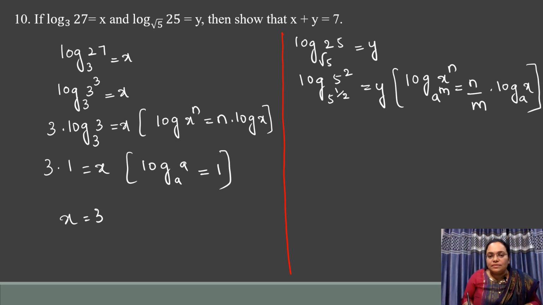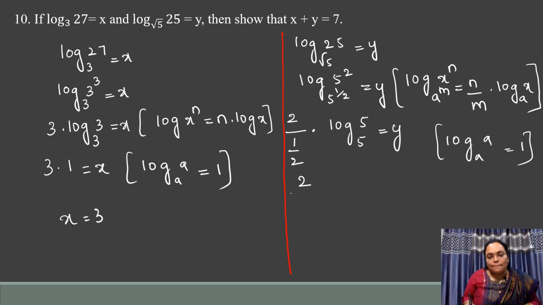So this becomes 2 divided by 1 by 2 into log 5 to the base 5 is equal to y. Again, what is log 5 to the base 5? It is 1 from this formula.